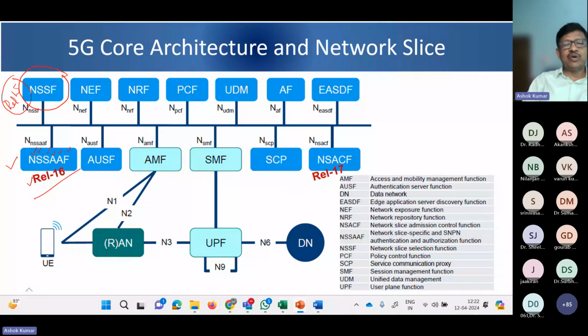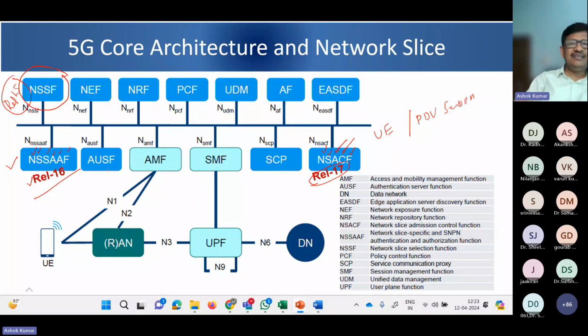And then we brought in something in Release 17. Do you remember what feature we brought in? Admission control. Yes, admission control, based on the number of UEs or the number of PDU sessions, was added during Release 17, and this is the network slice admission control function.